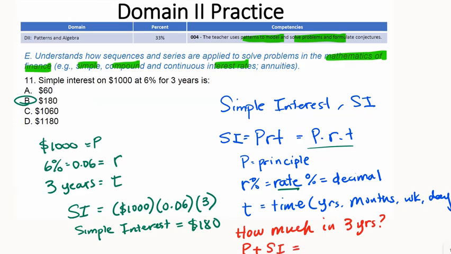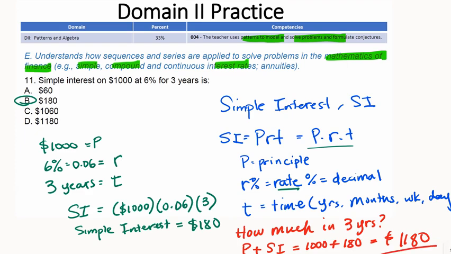Tell me what the principal is right now. 1,000, plus the simple interest that we solved, 180. So what do you think is the final answer? Say you put your money in the bank, 1,000. How much will be there in 3 years if you add everything? 1,180. This is how much it will be in 3 years.